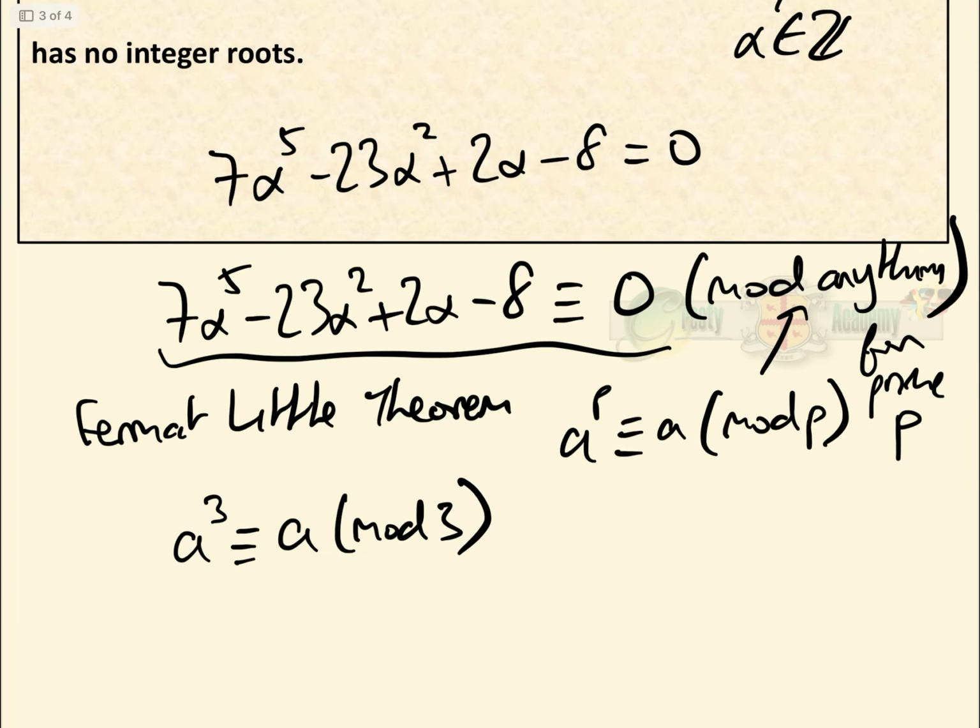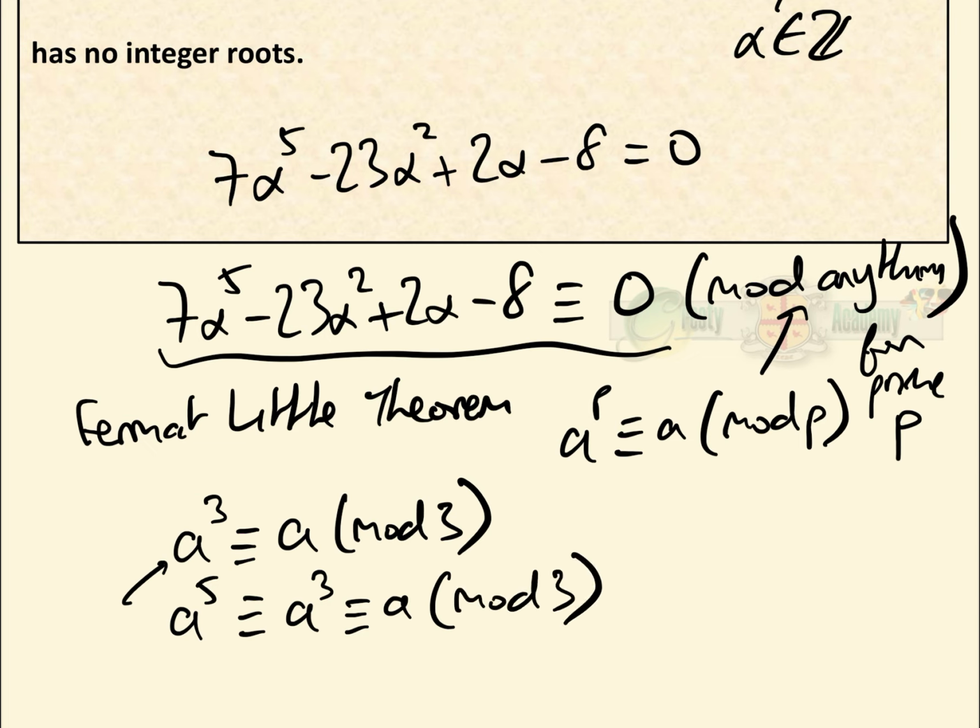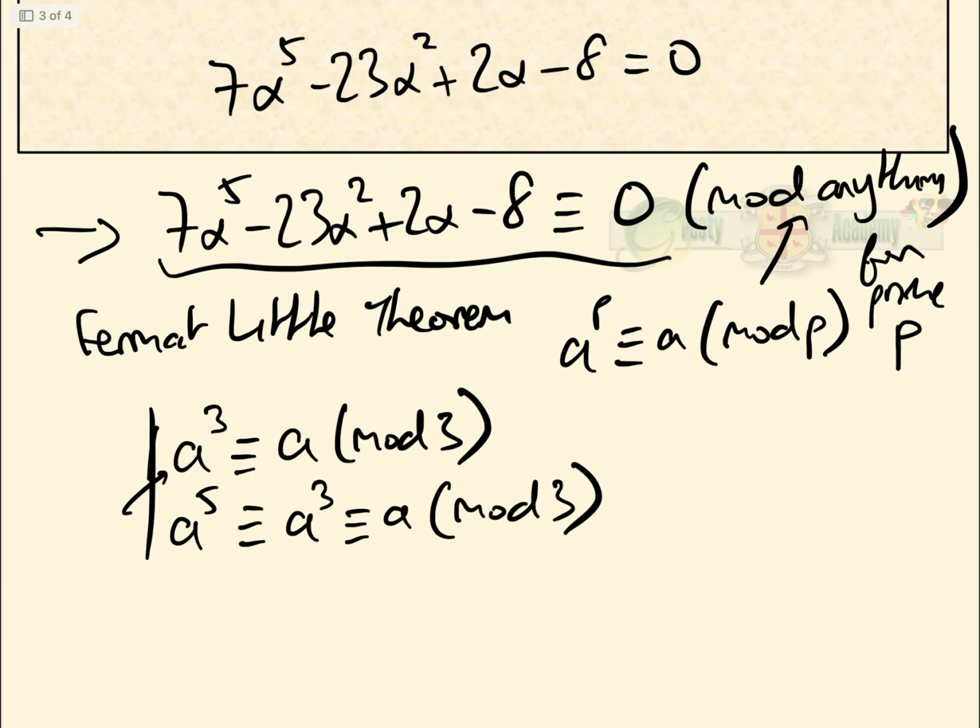And if we multiply both sides of this by a squared, we also get that a to the 5 is equal to a cubed, which we've just shown is equal to a mod 3.